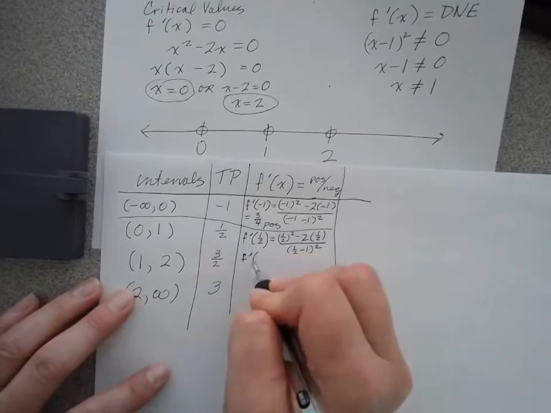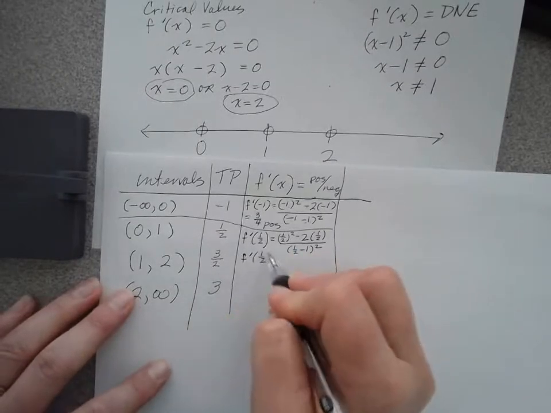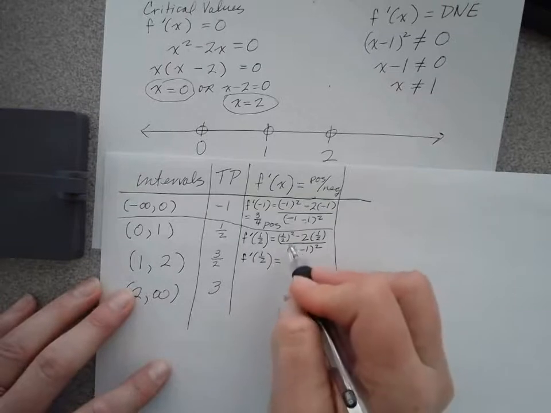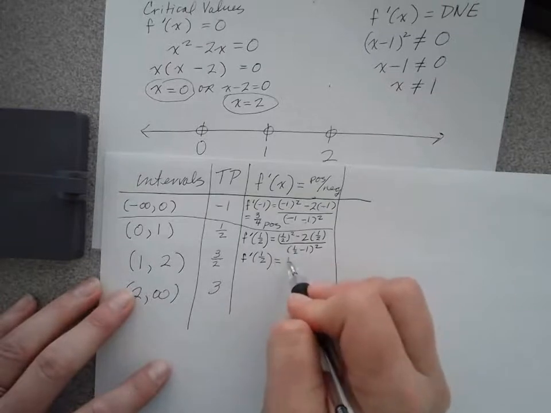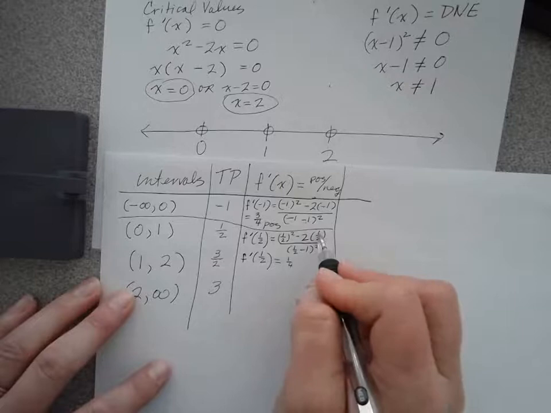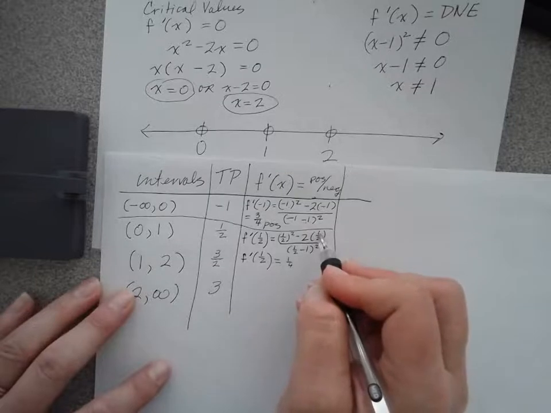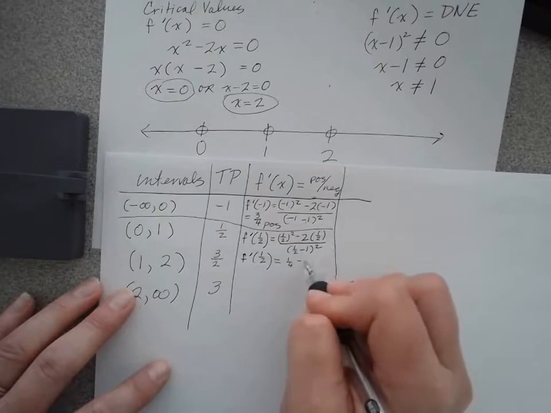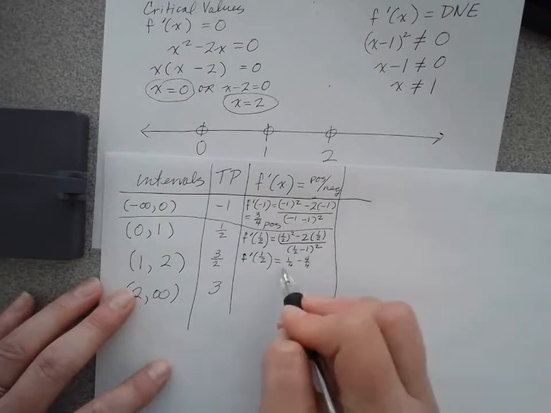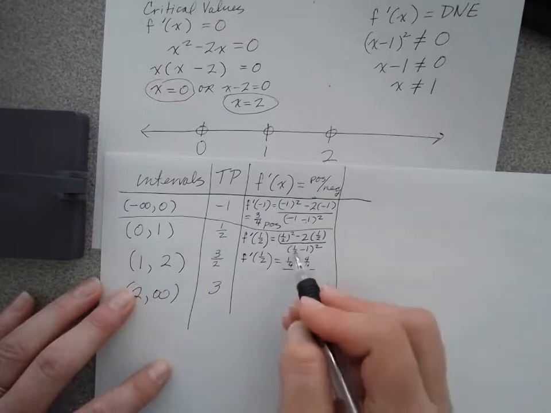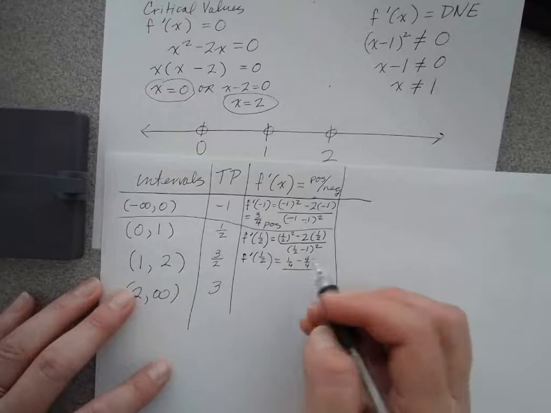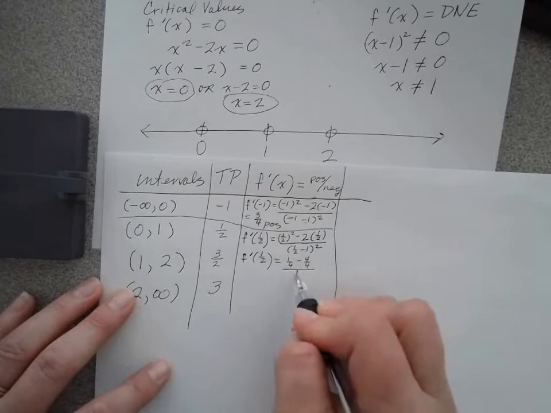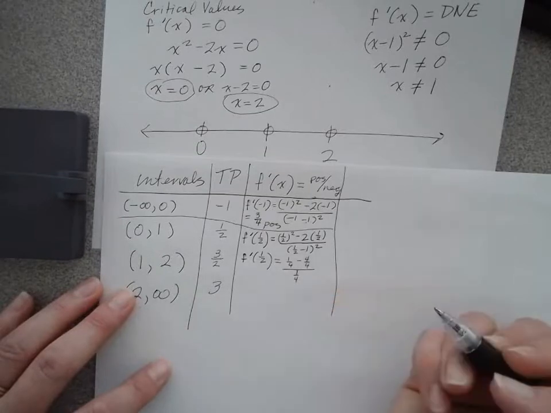F prime of 1/2 then is 1/2 squared is 1/4 minus 2 times 1/2 is 1, so minus 4/4. Okay. 1/2 minus 1 is negative 1/2 squared is positive 1/4.